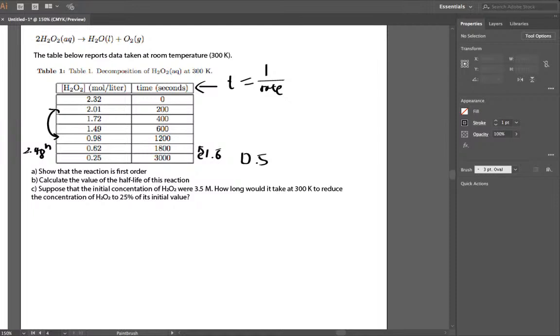At 400, that's 1.72. At 600, it's 1.49. At 1200, that's 0.98. At 1800, it's 0.62. And at 3000, it's 0.25. Okay, so let's zoom this out.